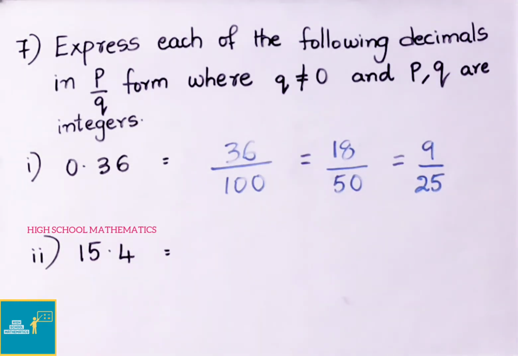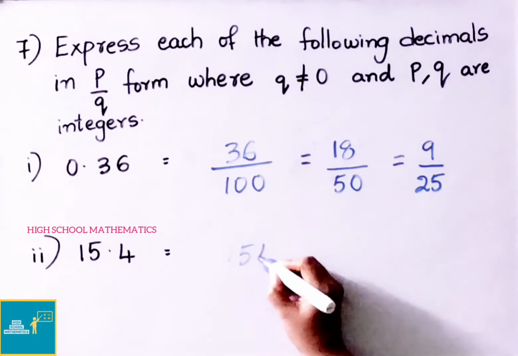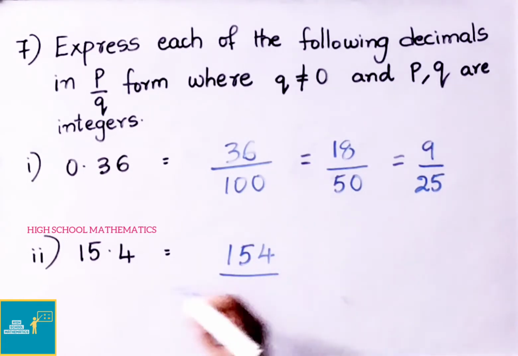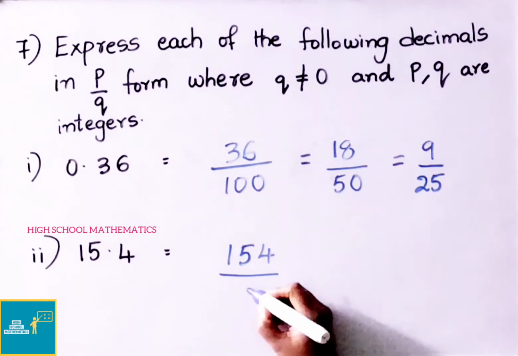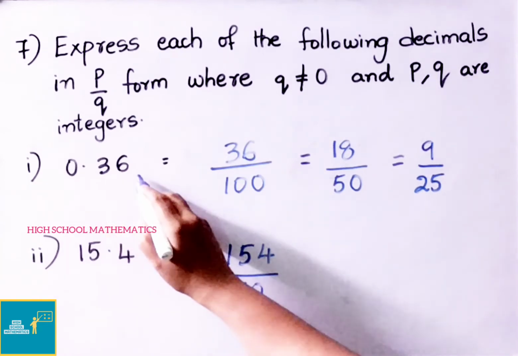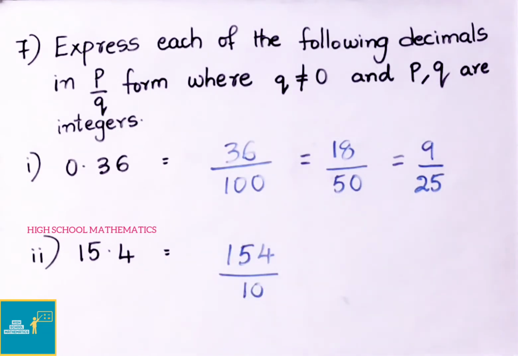See now second one, 15.4. So remove the decimal and write down the number 154 by 10, since there is 1 digit after the decimal. 1 digit present means you write 10 in the denominator. If there were 2 digits after the decimal, we write 100. Suppose 3 digits were present, we have to write 1000 in the denominator.